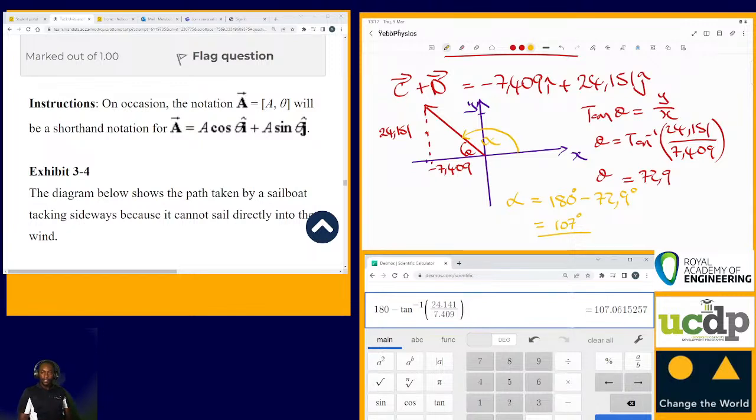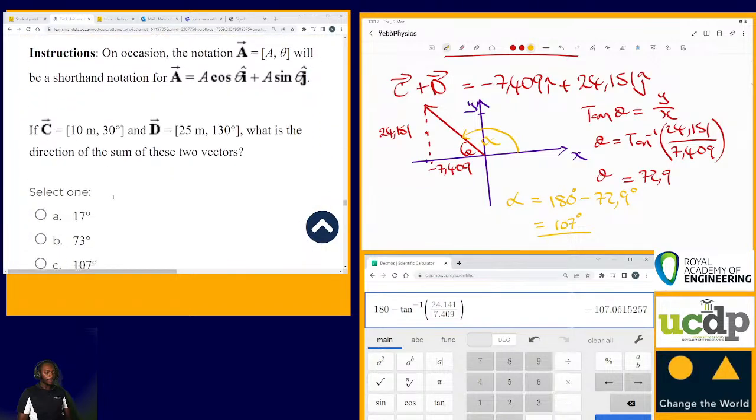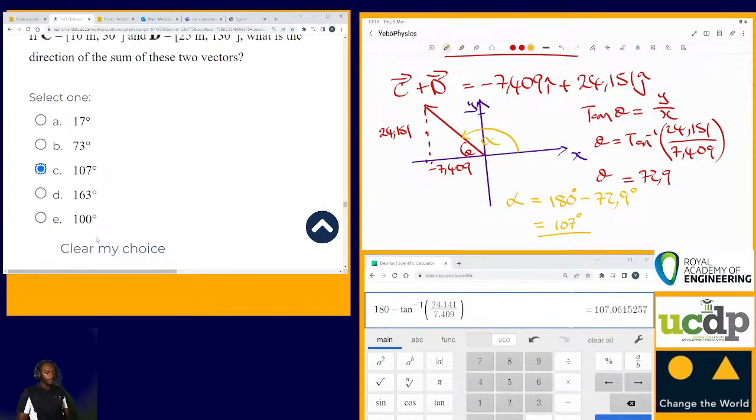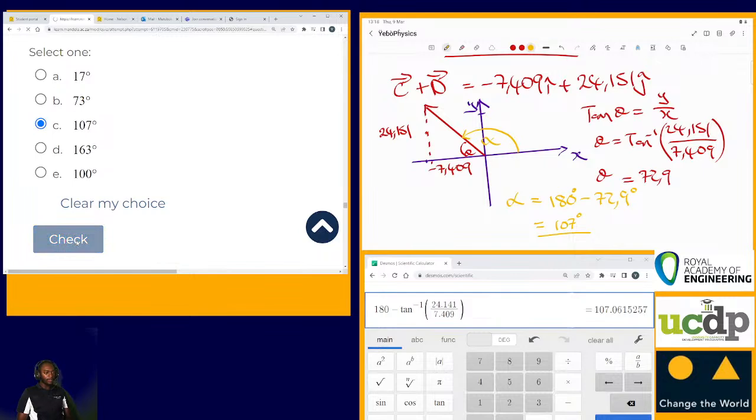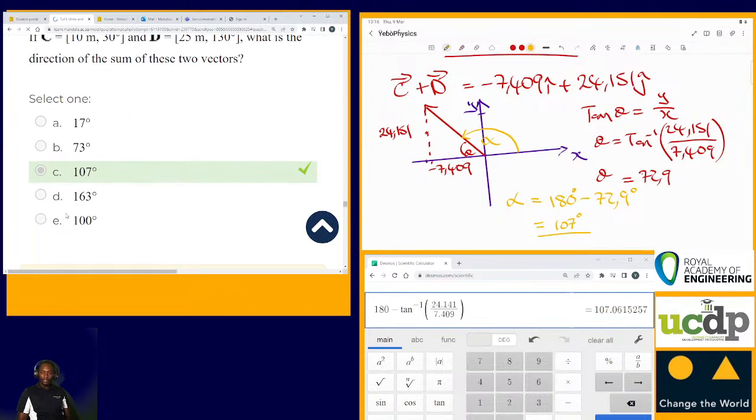We have to check if we have any of those options. Question 15. We have that option there. You can check. So indeed, our correct answer will be that.